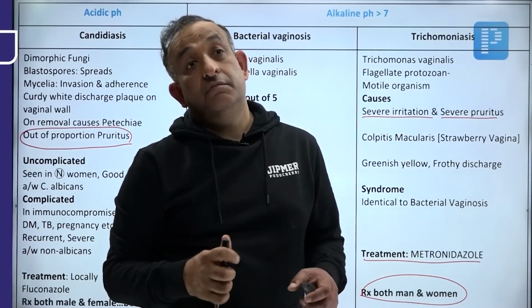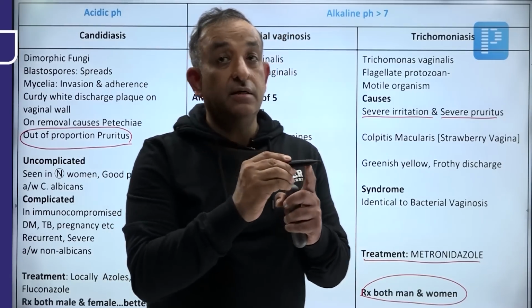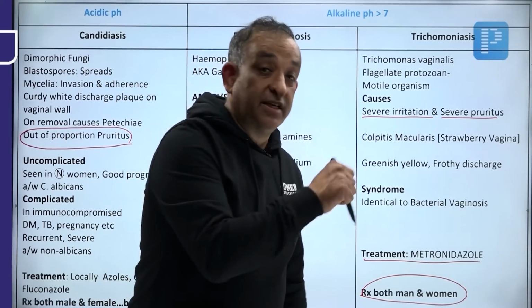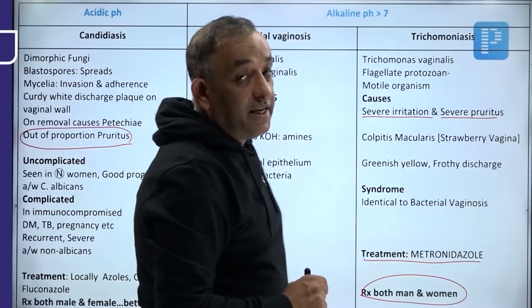And these trichomonads, the trophozoite forms, tend to stay under the prepuce of this man, and he can reinfect his partner. You may treat the partner alone. So please remember, in trichomoniasis, both man and woman should be treated.